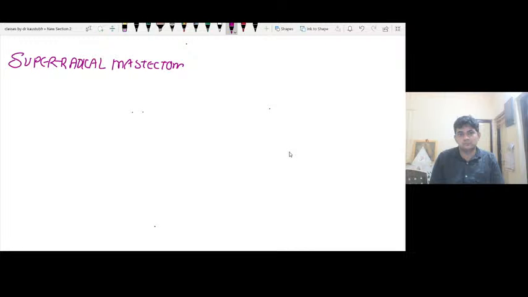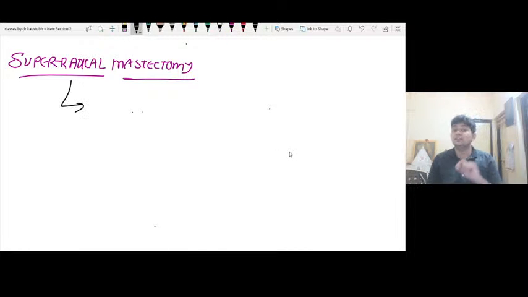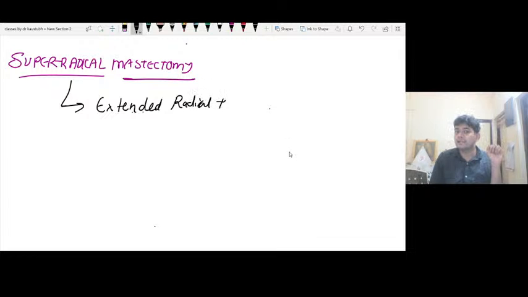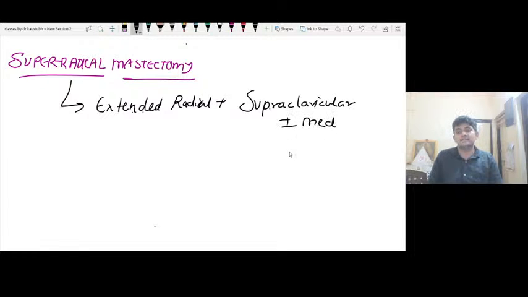Next you have something called super radical mastectomy. Now what do you mean by super radical mastectomy? It is nothing but your extended radical plus supraclavicular, with or without mediastinal.